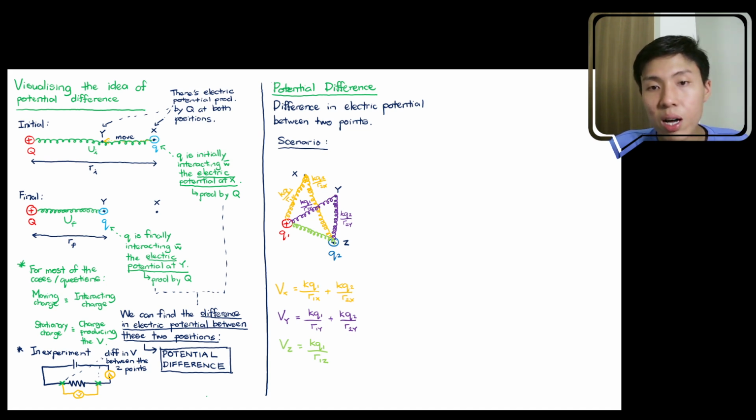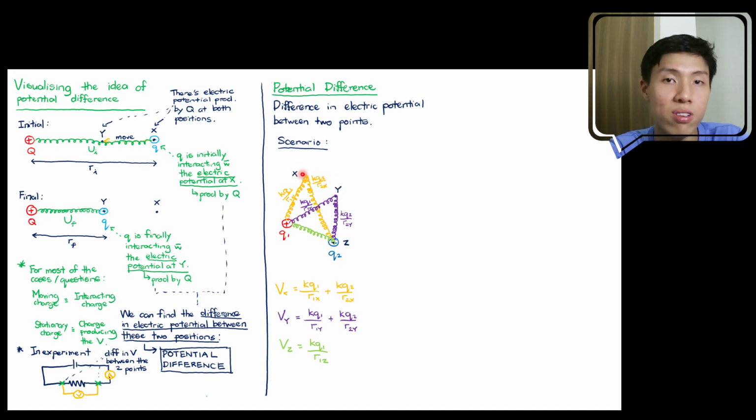So this is how I find the electric potential at three different points, X, Y, and Z. But now I'm not just interested in the electric potential. I want to find the difference in electric potential between any two points.